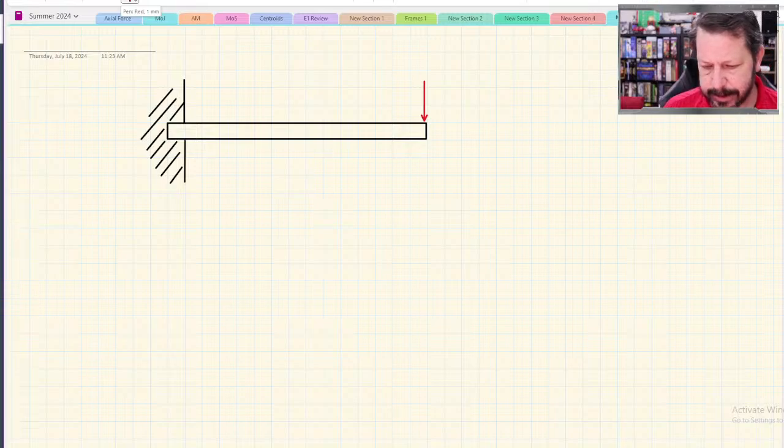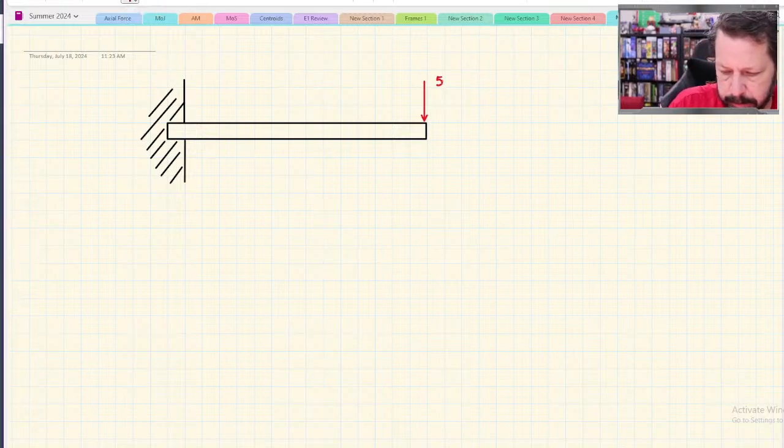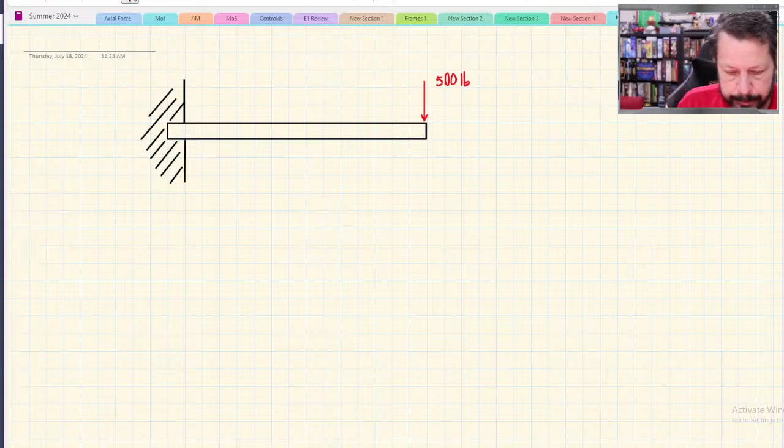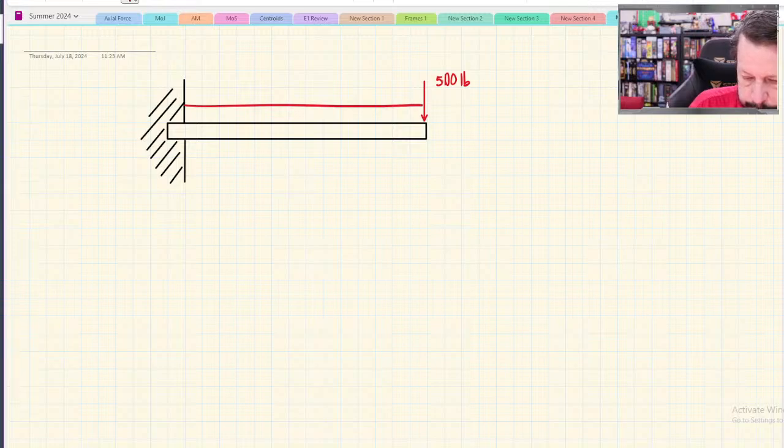Let's say that this is a, I don't know, 5 kip. That's probably too much. Let's do 500 pounds. And then let's put a distributed load on the same beam. I don't know if I'll draw every one of the arrows on here.